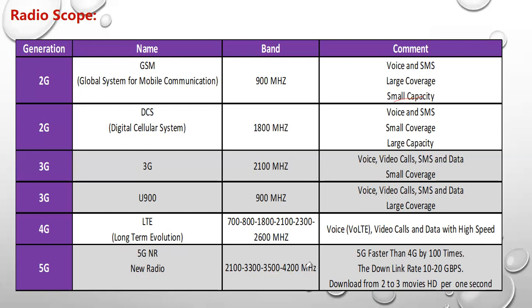Now, let's imagine it. It says that 5G is 100 times faster than 4G. When you download, the link rate or the download rate is 10 to 20 gigabits per second, which is actually unimaginable. You can download 2 to 3 HD movies per second.